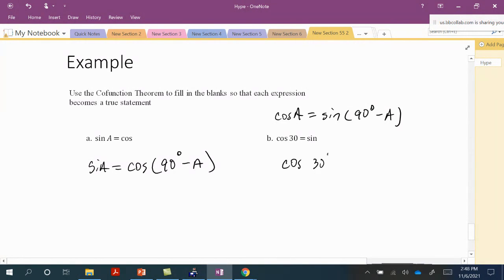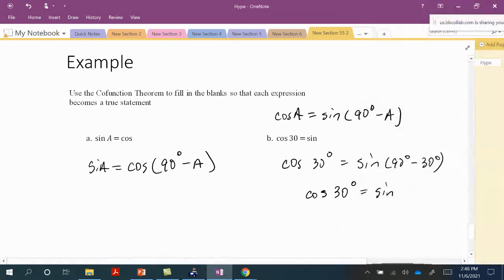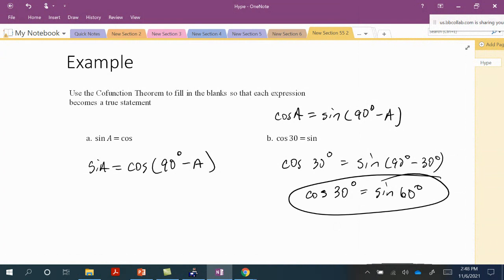So we have the cosine of 30 degrees is equal to the sine of 90 degrees minus 30 degrees. This gives us the following equation: the cosine of 30 degrees is equal to the sine of 60 degrees, which is a true statement. And we're actually going to check that using the calculator.